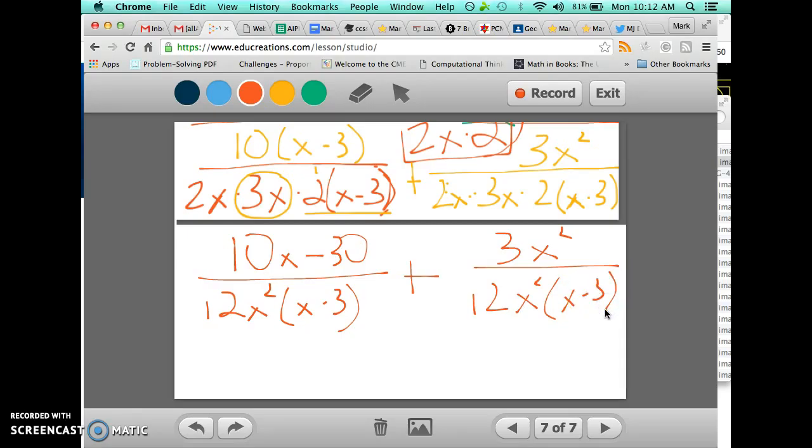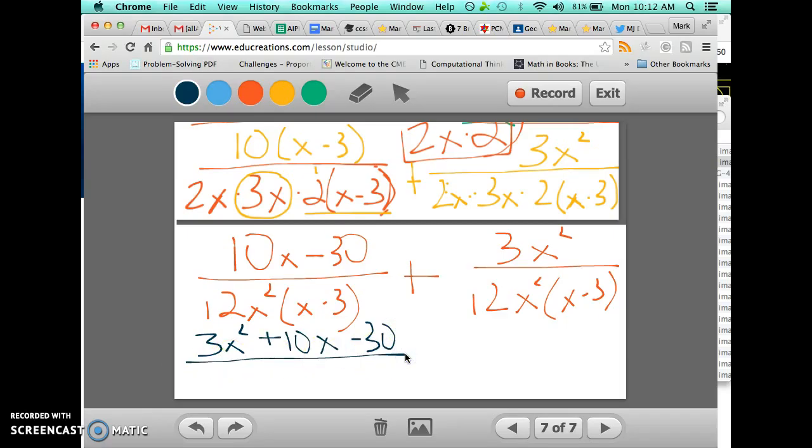We can add it all together, and they're not like terms, so it becomes one big trinomial: 3x squared plus 10x minus 30.